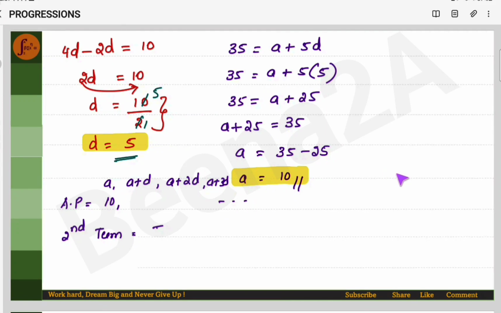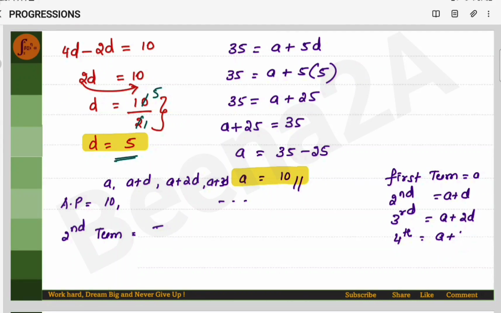So the first term is A, the second term is A plus D, the third is A plus 2D, the fourth is A plus 3D. So it is 1 less than the term number. If it's the fourth term, it's 3 here. Third term, it's 2. Second term, it's 1. First term, it is just A.